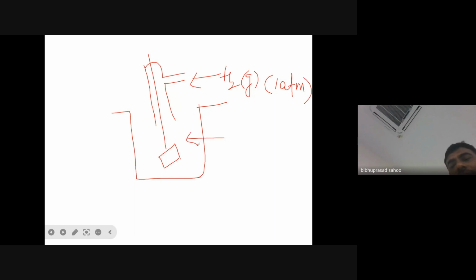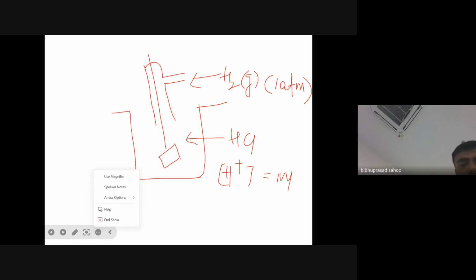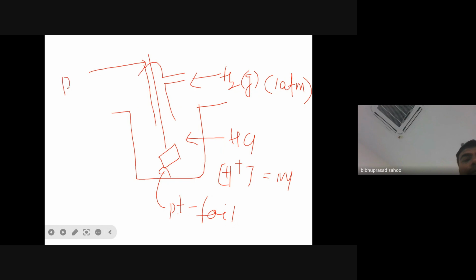This is your HCl. H plus concentration is 1 molar. And this is platinum foil, and this is platinum wire.